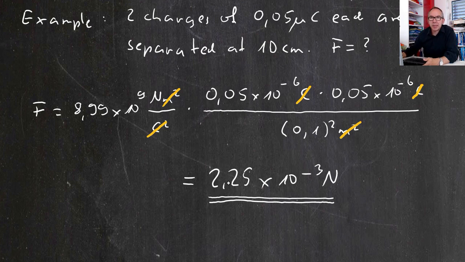That's it. However, in some formula books you will find Coulomb's law given in a different version, and we will quickly have a look at this version. Of course, it's the same, it's just different constants that are used.